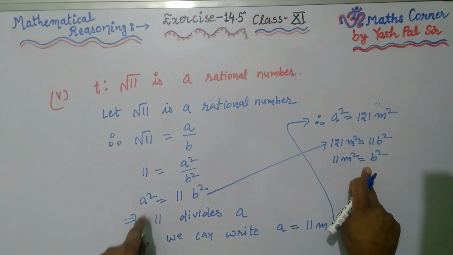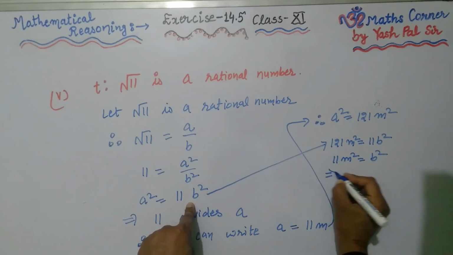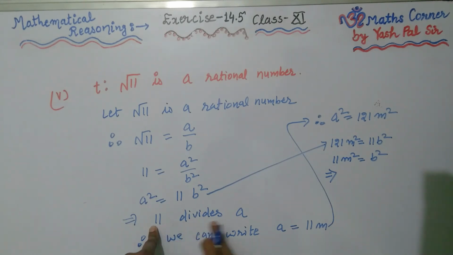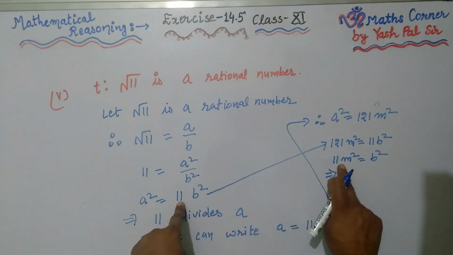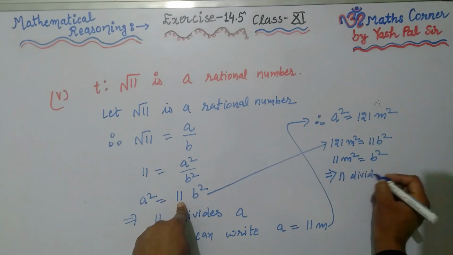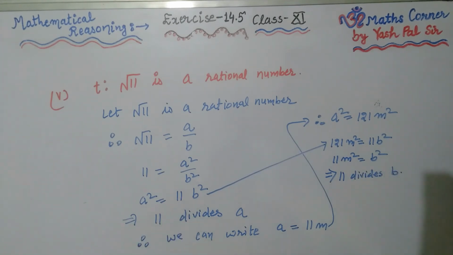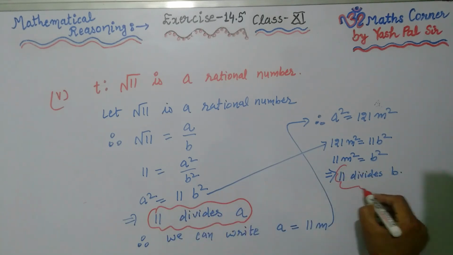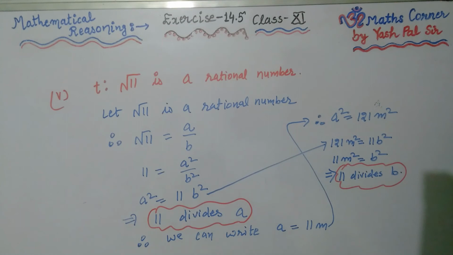The meaning of this is, as we wrote here 11 divides a, now we say 11 divides b. So what is the conclusion? We are saying that 11 is dividing a, 11 is also dividing b.